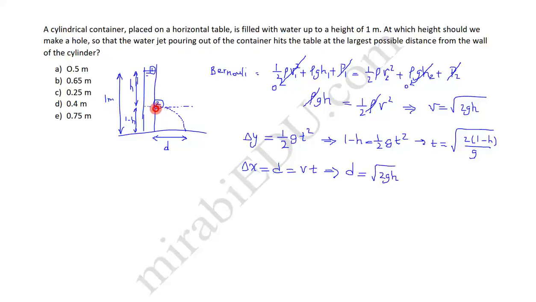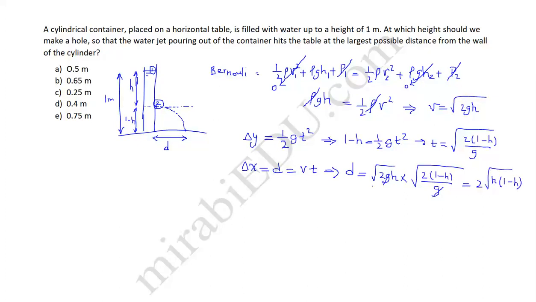Of course, the speed remains constant during the flight, and I replace the t with the traveling time. So g cancels out, and I will get 2 out of the radical, h times 1 minus h.